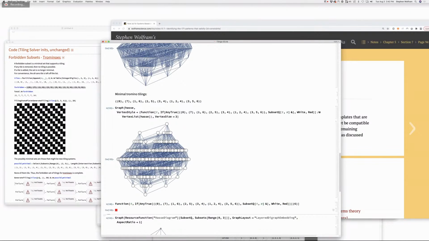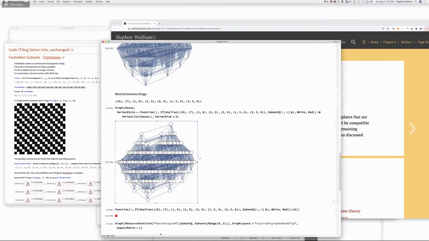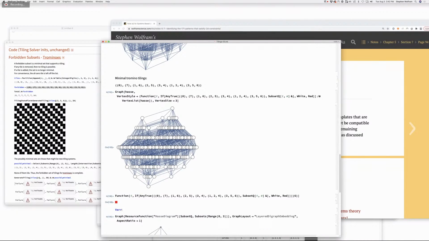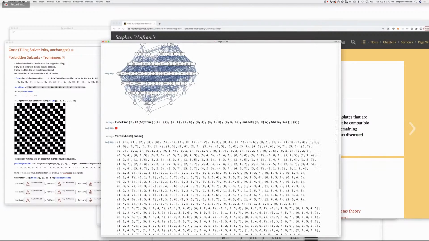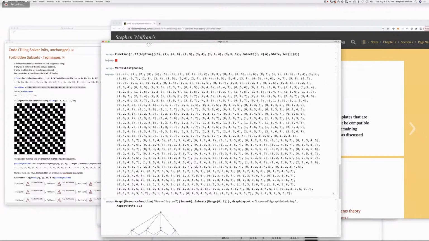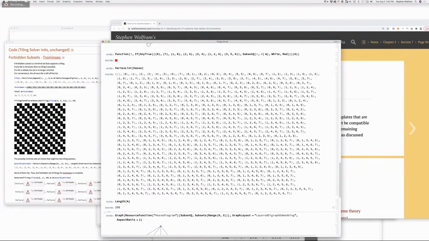Well, we have a mystery on our hands. Why did this have everything white? Okay, let's look at the vertex list. That should be all subsets. How many of these are there? Yeah, it looks right.